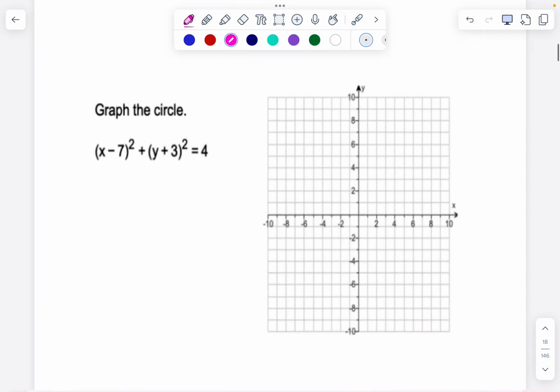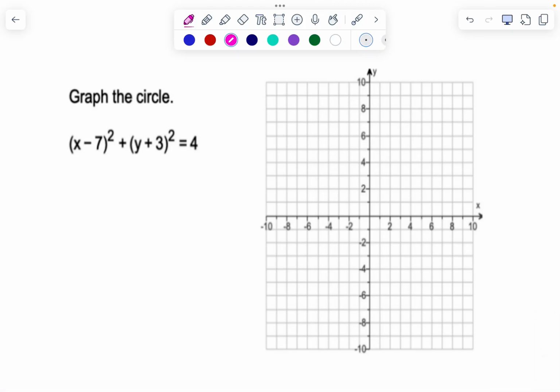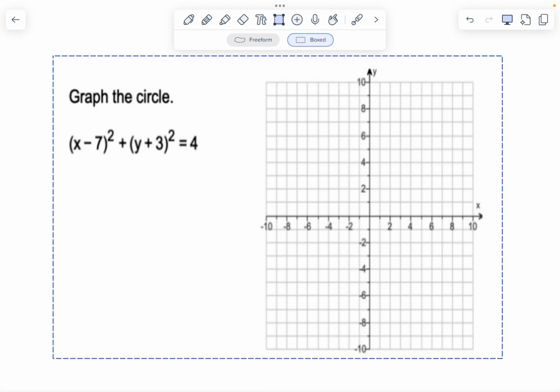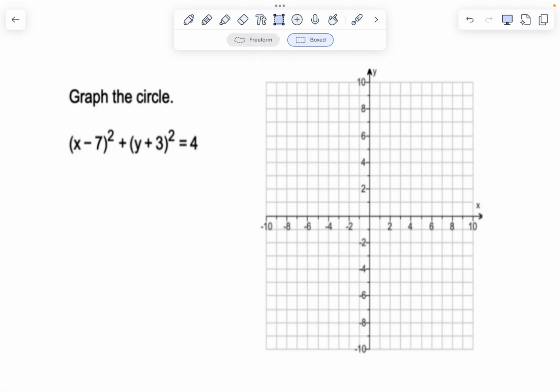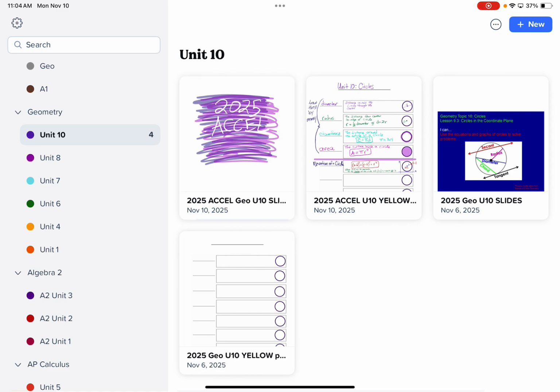Graphing a circle. How? I can give you a quick note on this if you'd like it, but don't feel like you need to draw all the grid lines, please. Let's just sketch the graph.